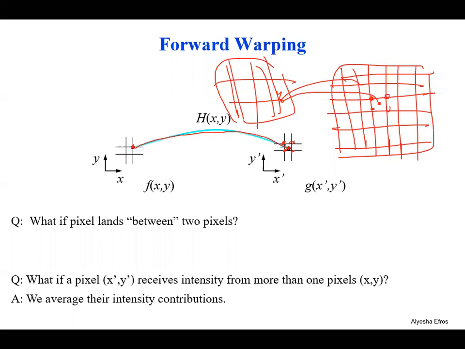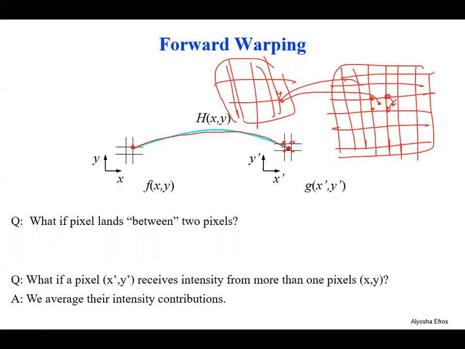I have one value which needs to be splatted to 4 places. How can I do that? I can say maybe I will just divide by 4 or whatever. Then if I have another point here having the same, I split this here and then this will be the average, and so on and so forth. I can do that, but it will not be as good as I want.